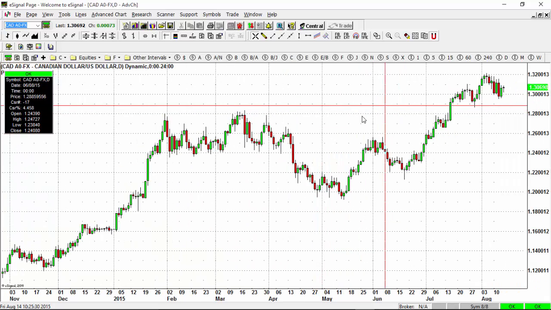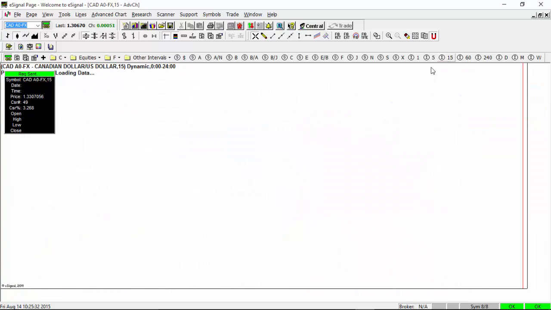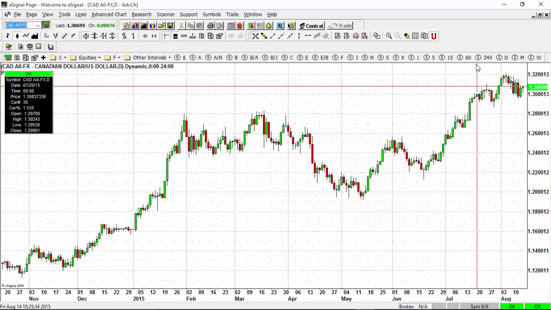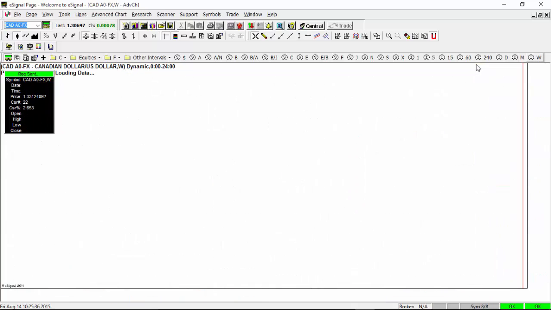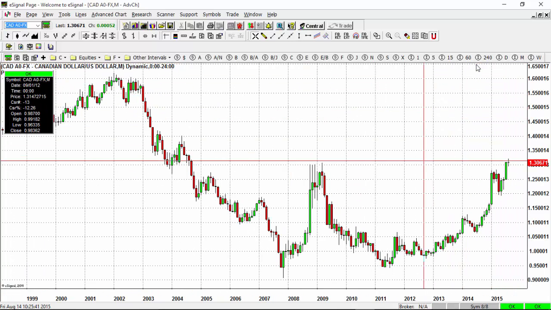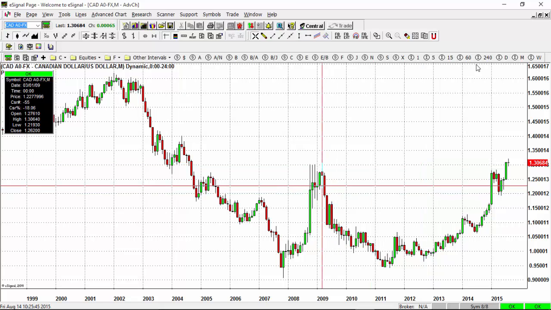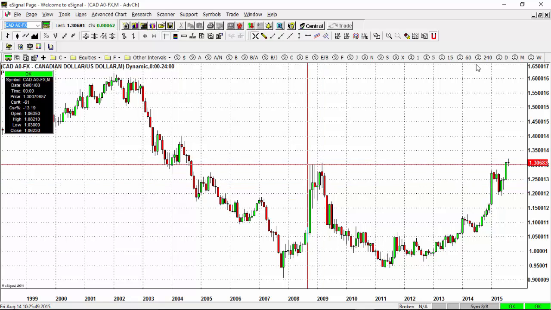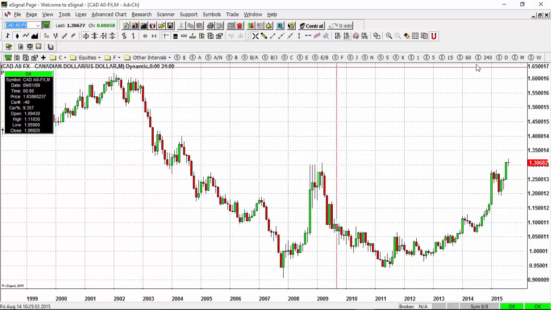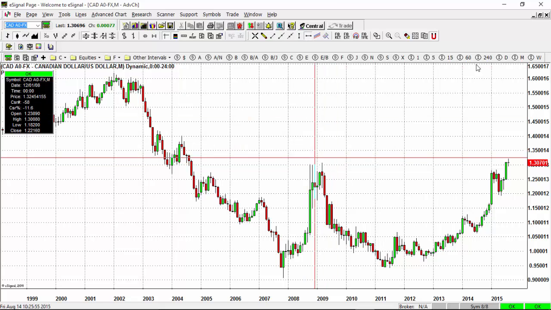Taking a look at the Canadian dollar versus the US dollar, we're still above the critical resistance up near this 130 level. We're just slightly above it. The high was at 130.64 and we're now at 130.68. So the market is just slightly staying above this level.